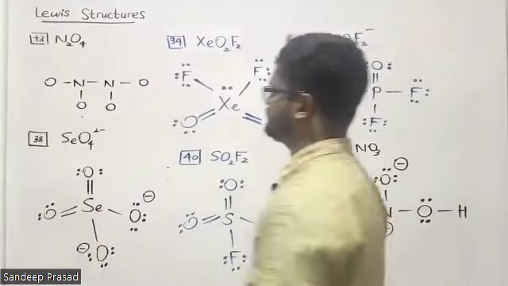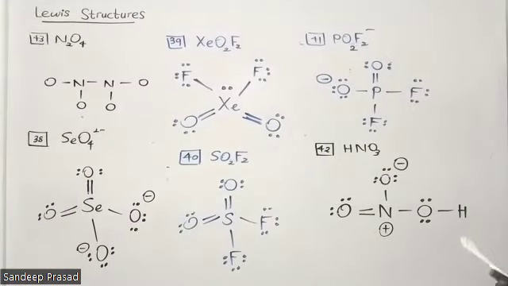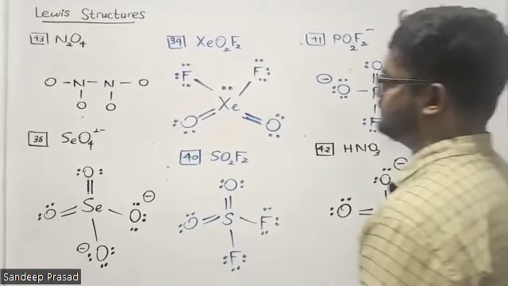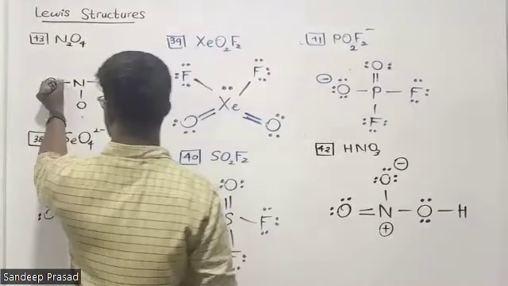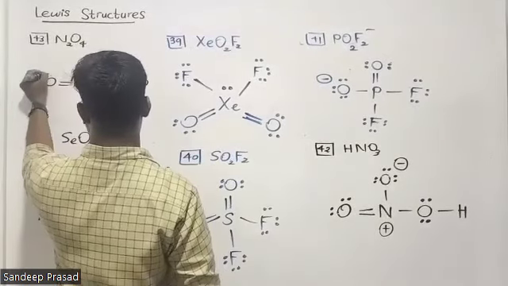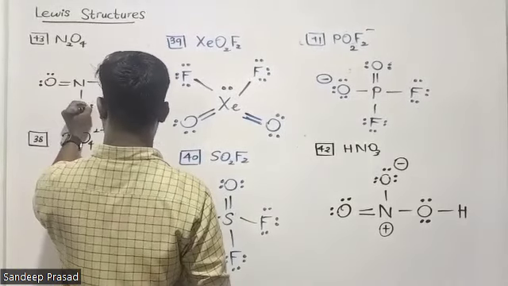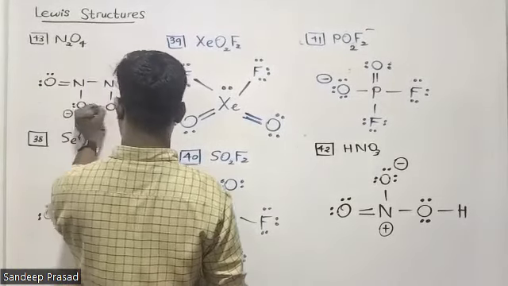N2O4. Students, in the NO2 unit also, we can make a double bond between nitrogen and oxygen, and a single bond between nitrogen and oxygen, therefore that oxygen is negatively charged.